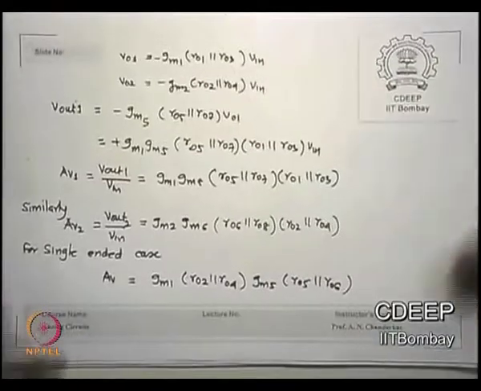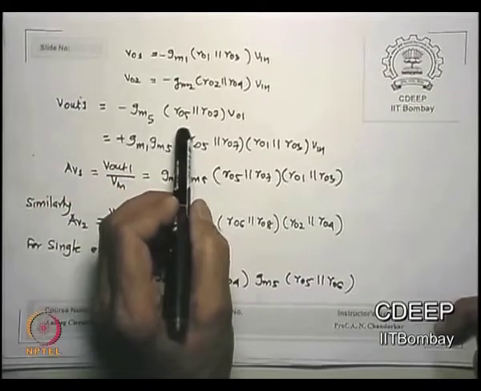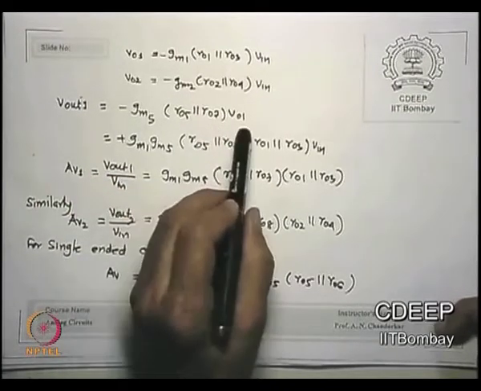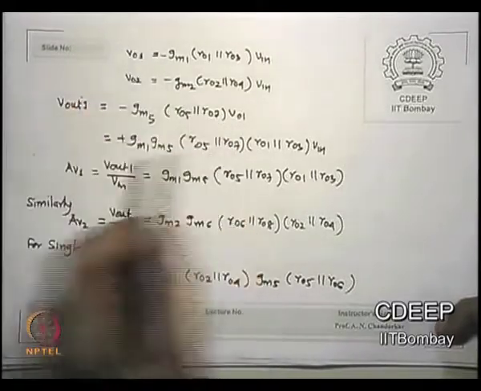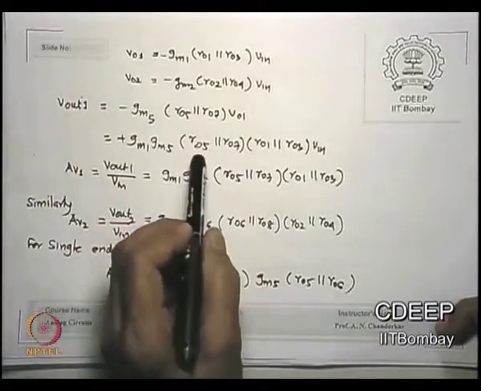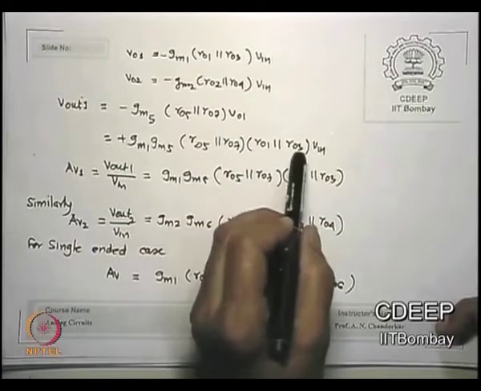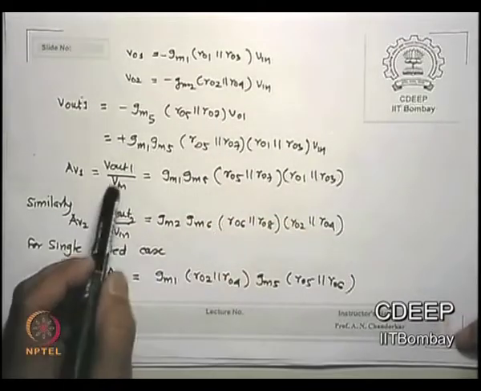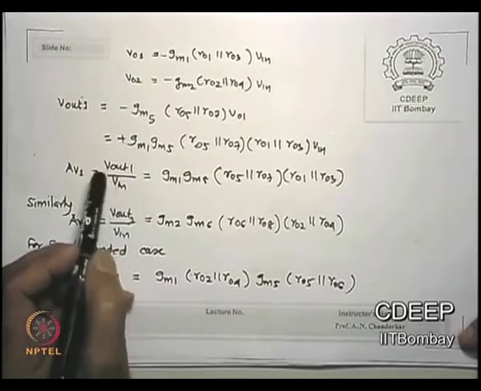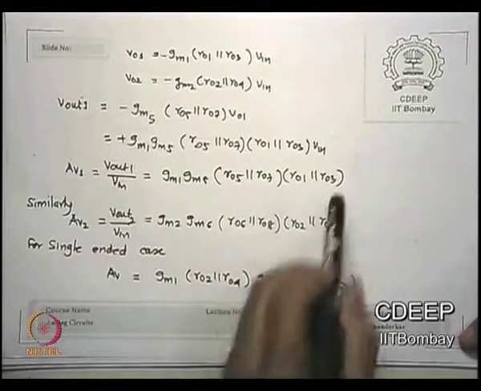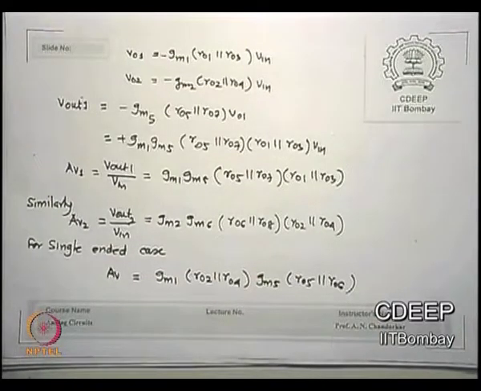So that is gm5 ro5 parallel ro7 into VO1. Substitute VO1 from here, and you get gm1 gm5 times ro5 parallel ro7 times ro1 parallel ro3 into Vin. So the gain is Vout1 by Vin, and similarly Vout2 will be the same if the gms are the same. So these are the two voltage gains.